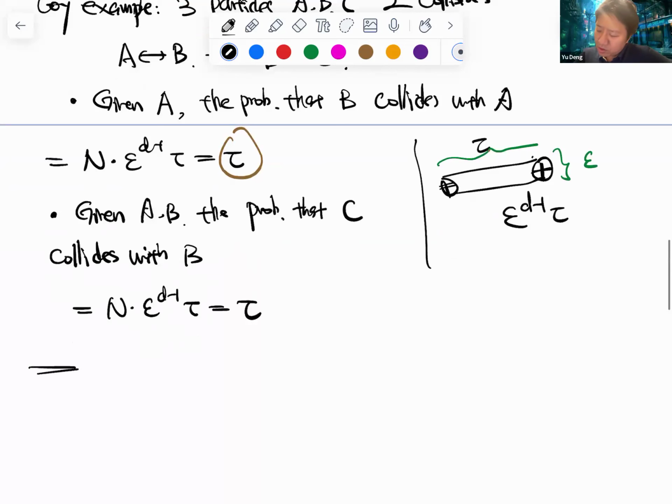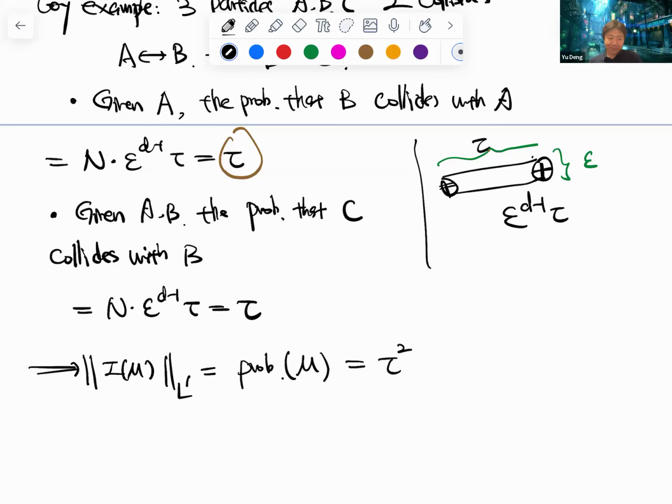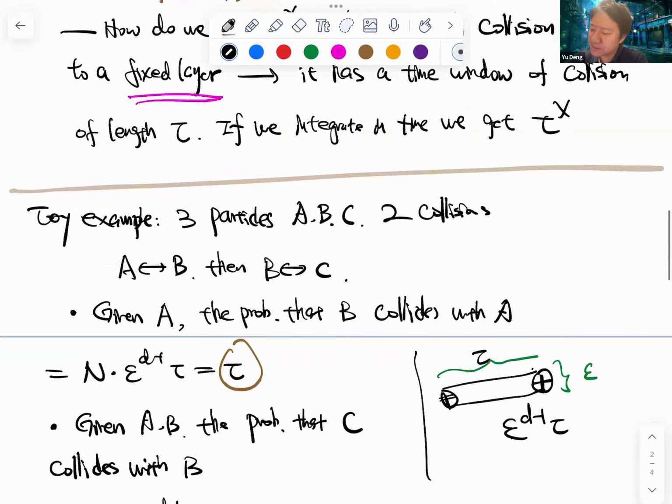So then we get the total L1, which is the total probability, equal to tau squared. Okay, so this is the simple case where we have no recollisions.